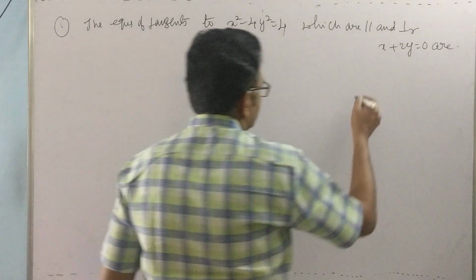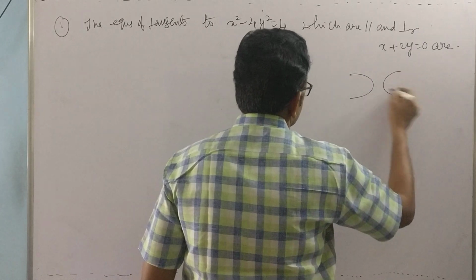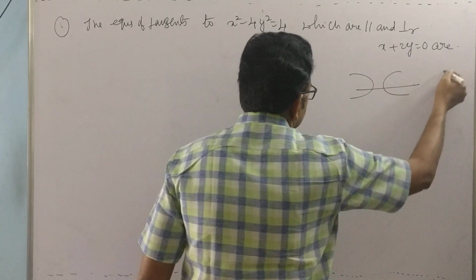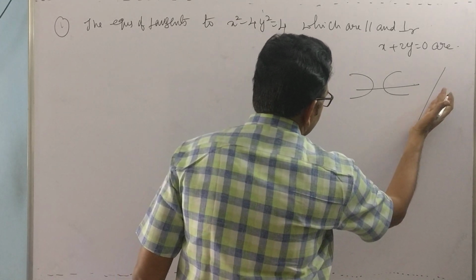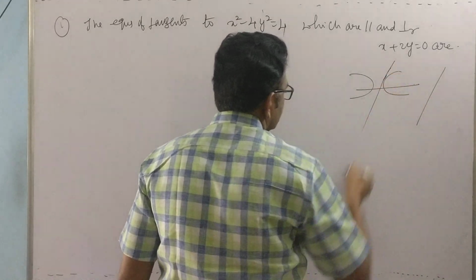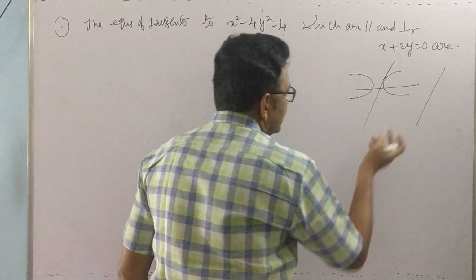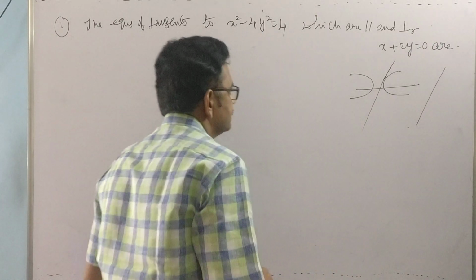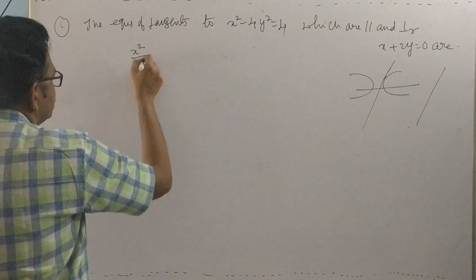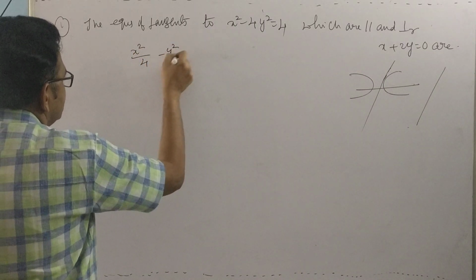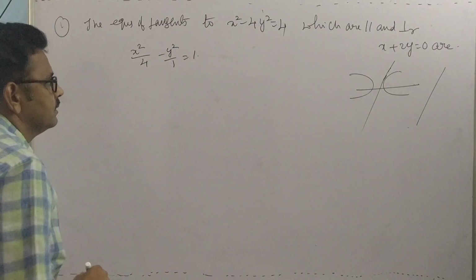So this is the hyperbola. Let this be some line. We are finding the equation of the line which is parallel to this one, and this line becomes a tangent. So here x square by 4 minus y square by 1 equal to 1.